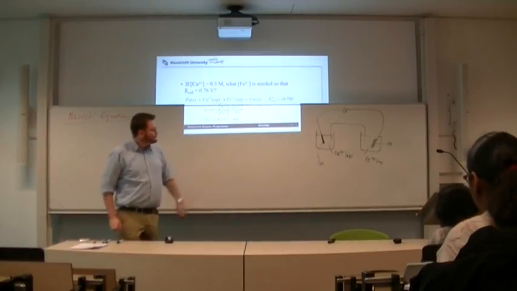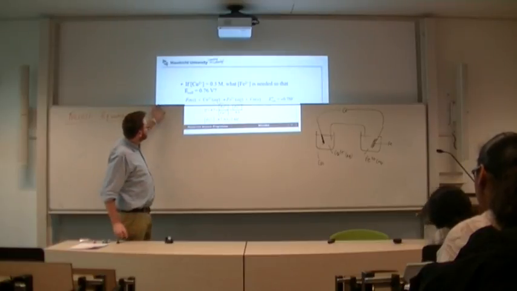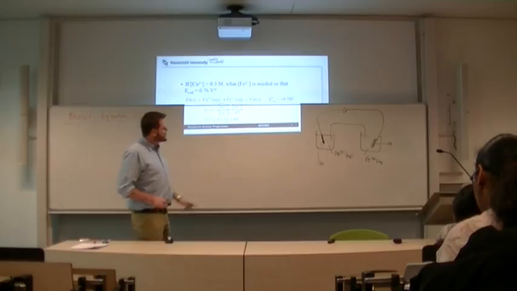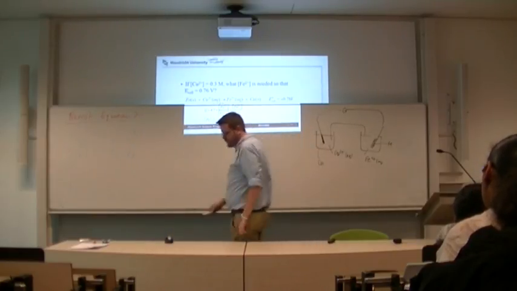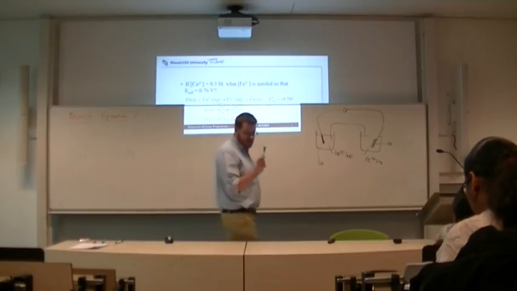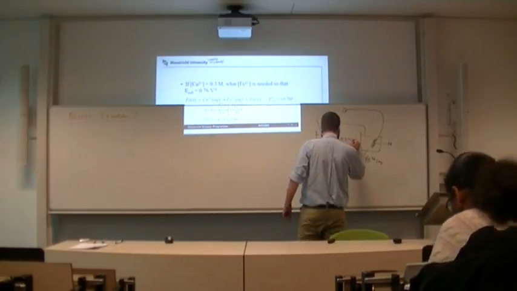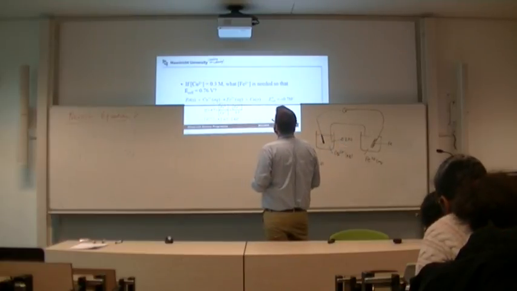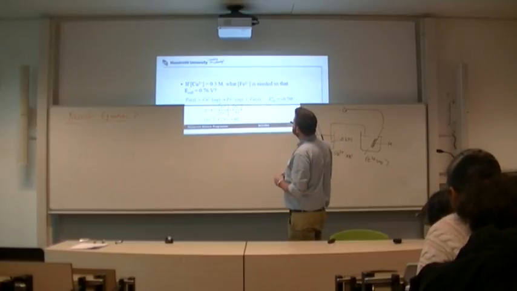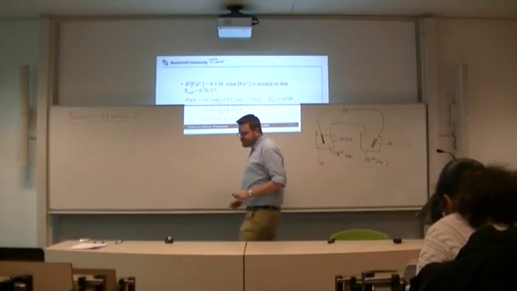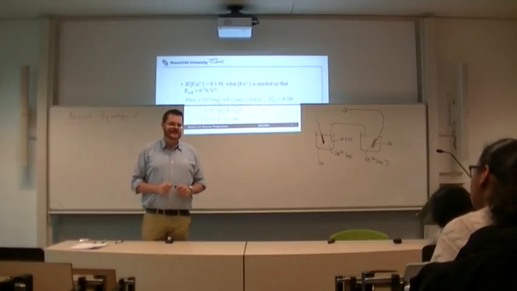There it is. Now the question is, if the copper 2 plus concentration in the solution is 0.3, so notice not 1, 0.3, I've changed the concentration. What concentration of iron 2 plus is needed so that the potential of the cell is 0.76?